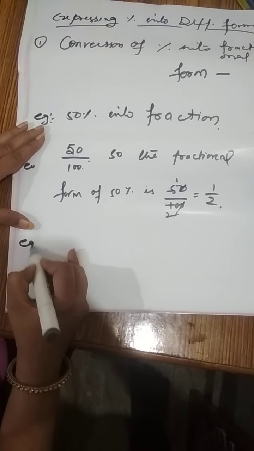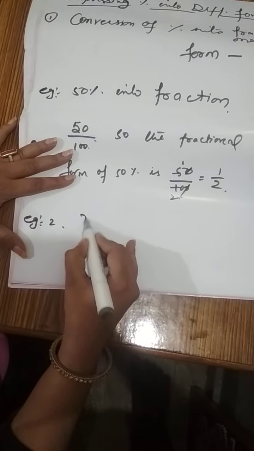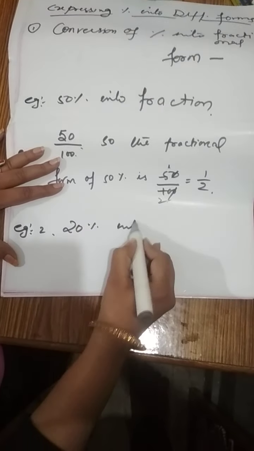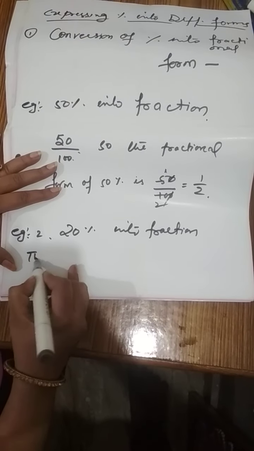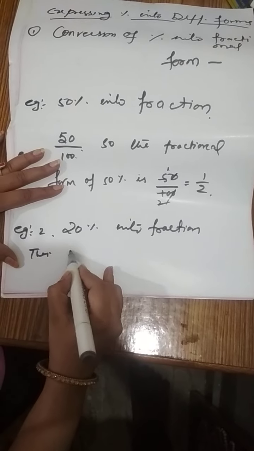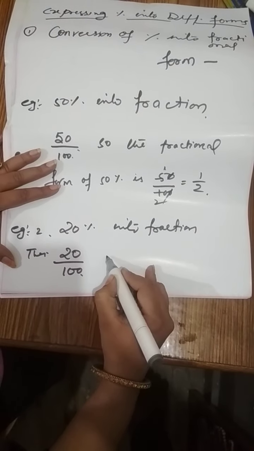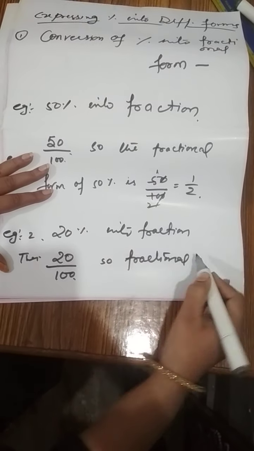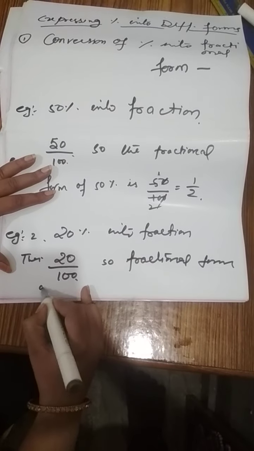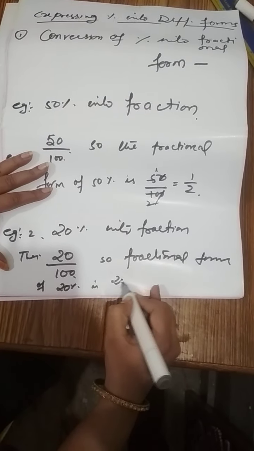See one more example. If I ask you to convert 20% into a fraction, then 20% means 20 upon 100. So the fractional form of 20% is 20 upon 100.